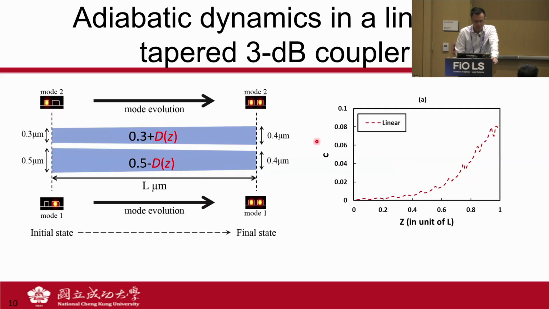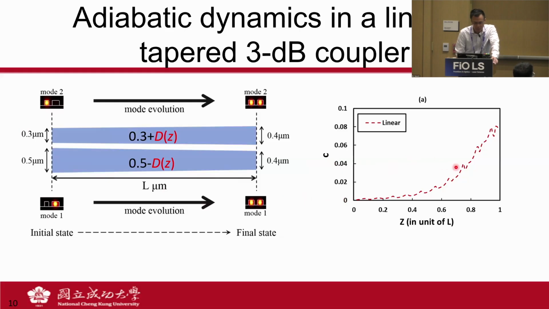Because we have these definitions for the adiabaticity parameter, we can calculate its adiabaticity along the evolution direction as shown on this graph here.